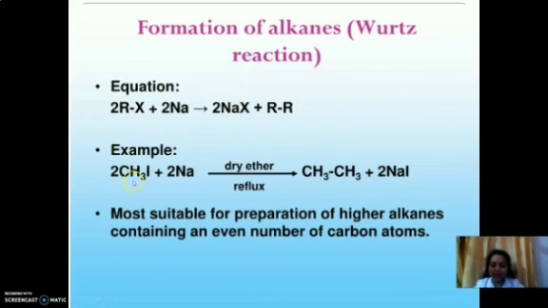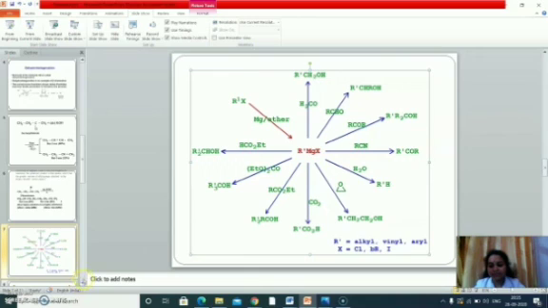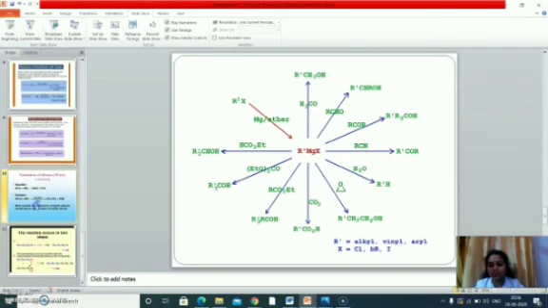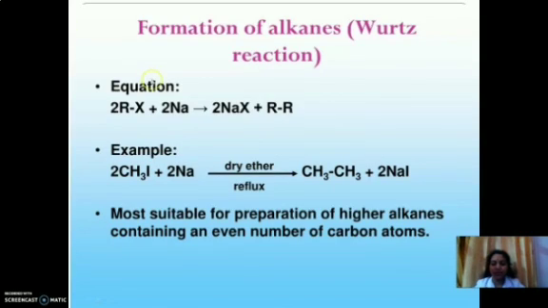For example, if we treat methyl iodide with sodium in the presence of dry ether, this methyl group will form the alkane, and the sodium and iodine together will give 2 sodium iodide.